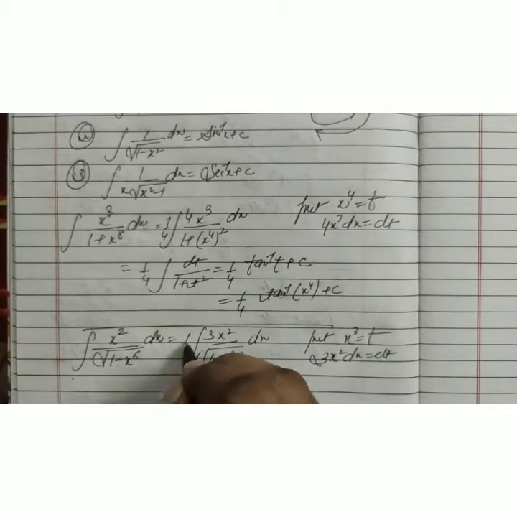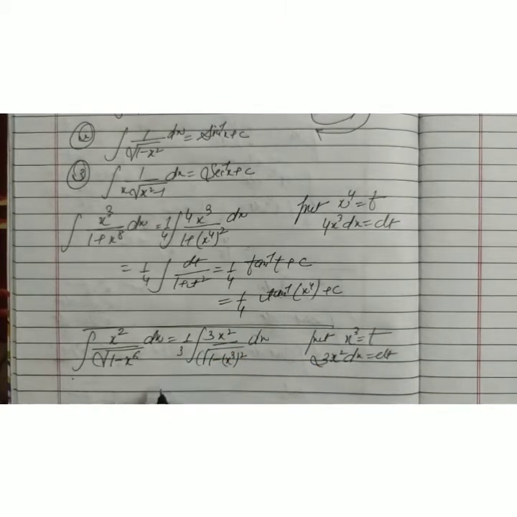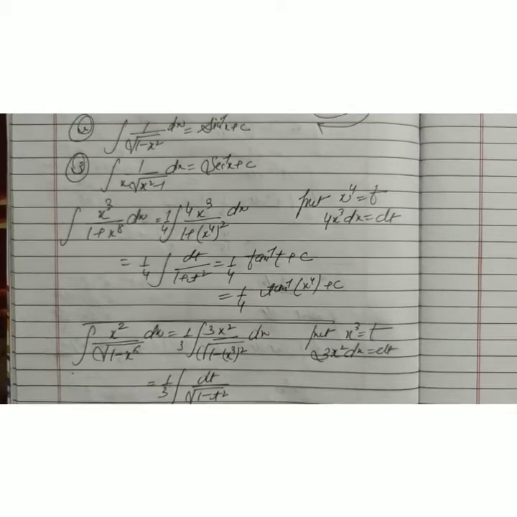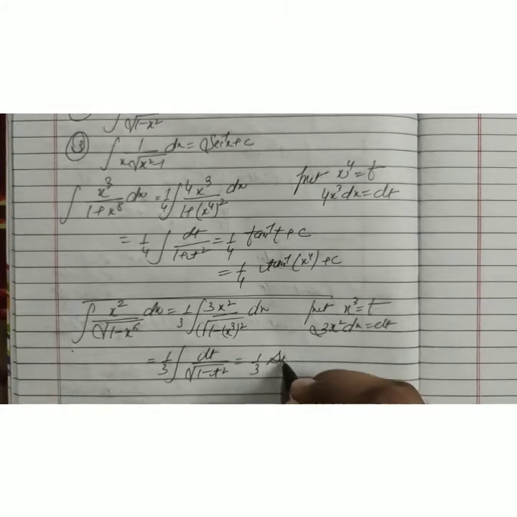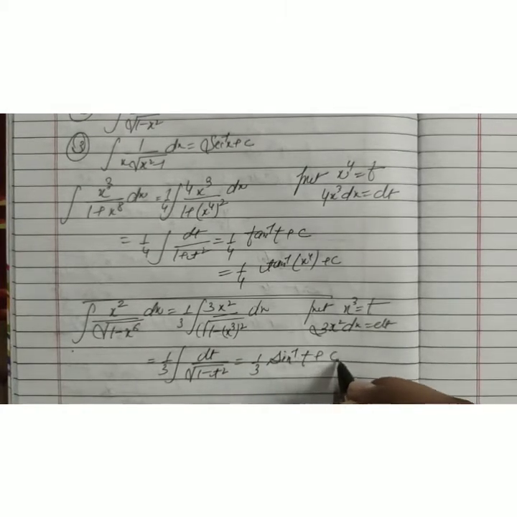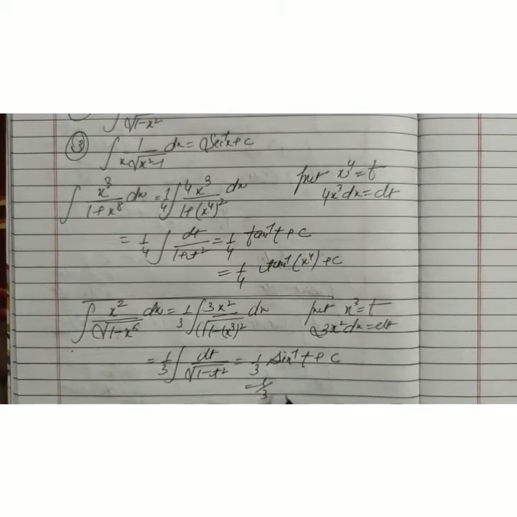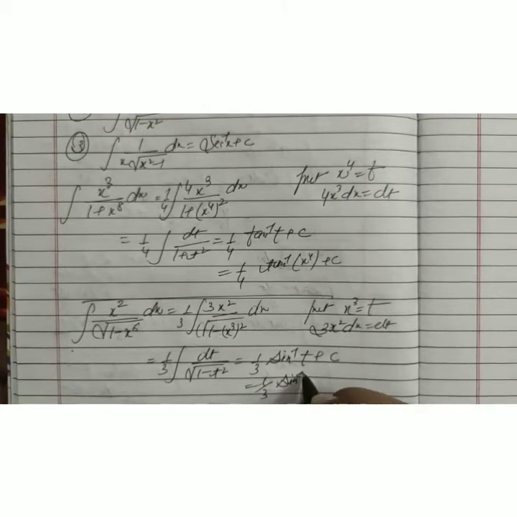The 3 is not there, so make it 3 by multiplying and dividing. So 1 by 3 as is, and the upper value becomes dt upon square root of 1 minus t square. This is the derivative of sine inverse. So the integration becomes sine inverse t plus c. Replacing the value of t, we get sine inverse x cube plus c.